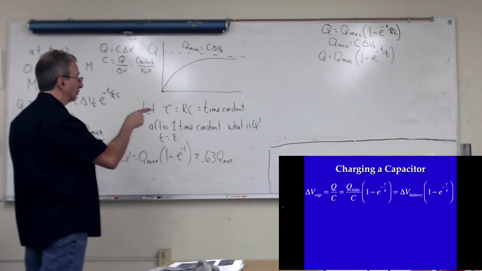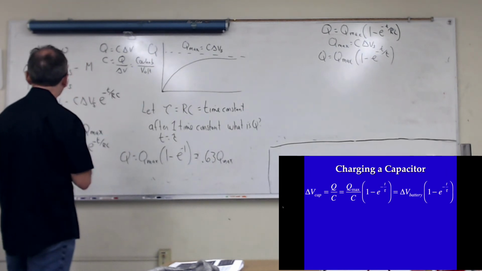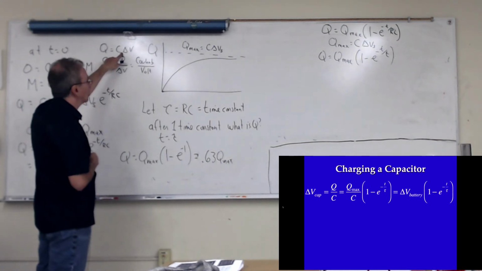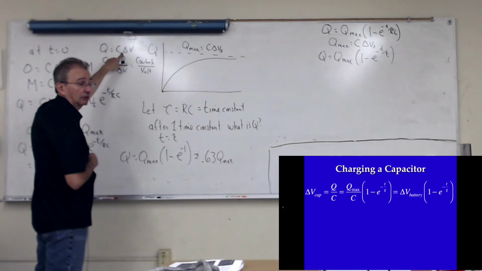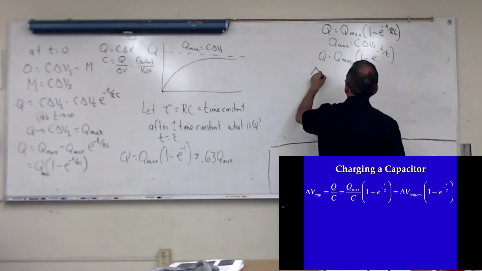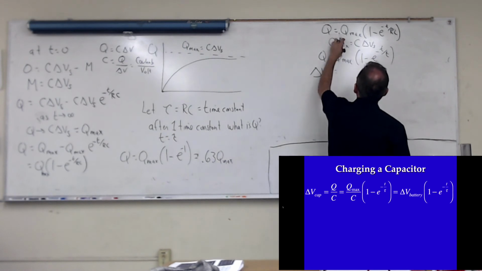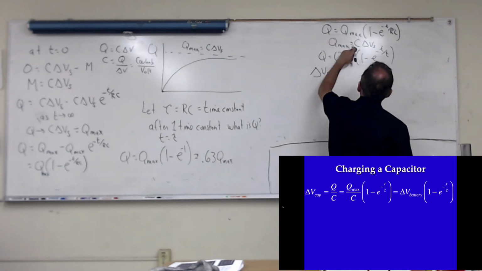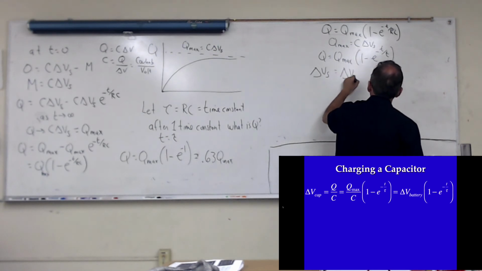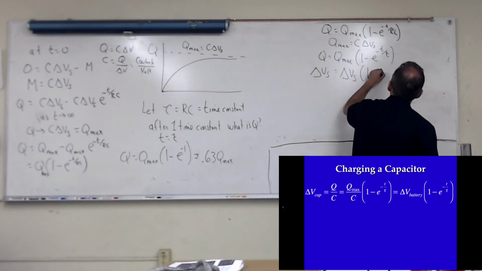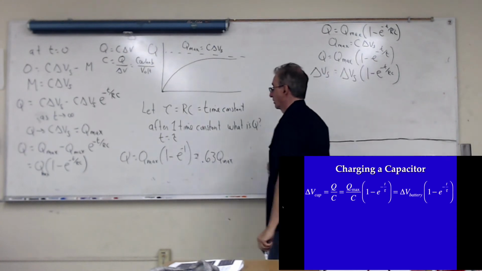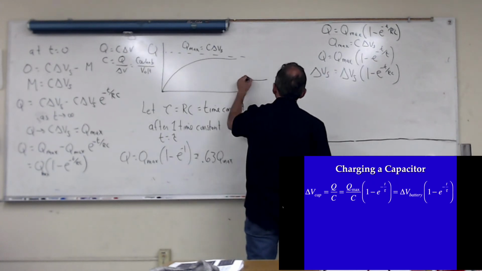Well, we can find the voltage across the capacitor as a function of time, because we know that voltage is Q over C. And so the voltage across the capacitor is going to be C delta V sub S divided by C, as the capacitor charges up.